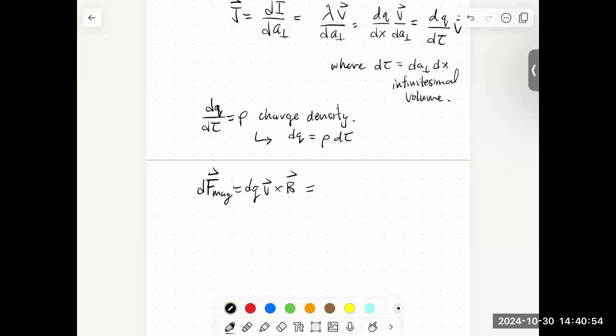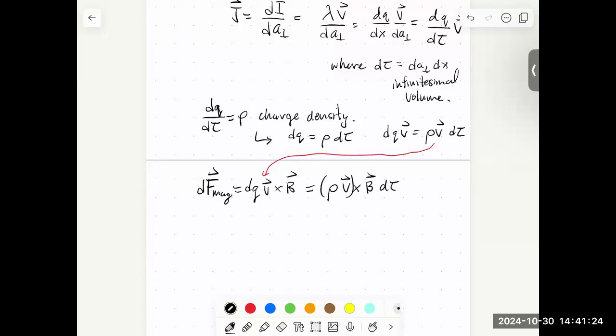Okay. So then dq times v is equal to rho v times dτ. And we're going to substitute that into here. And what are we going to get? We're going to get rho v cross B times dτ.